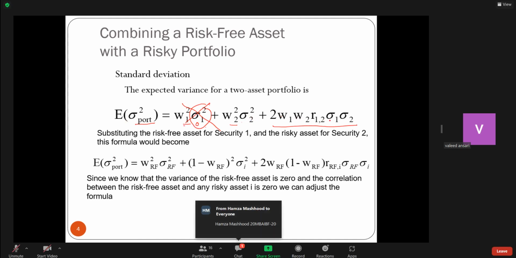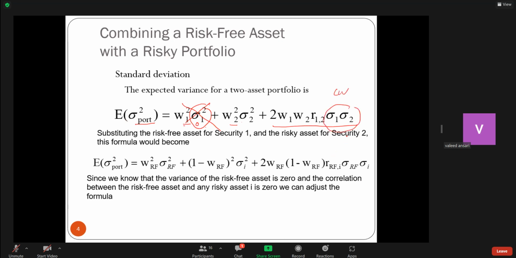And in the complete formula, there is also the covariance term. The term of 2 into the risk-free weightage and the covariance is also multiplied by the zero variability of security one, so that third term will drop out too. So the risk of the portfolio is now based only on this part.